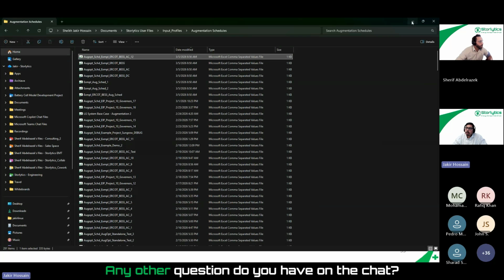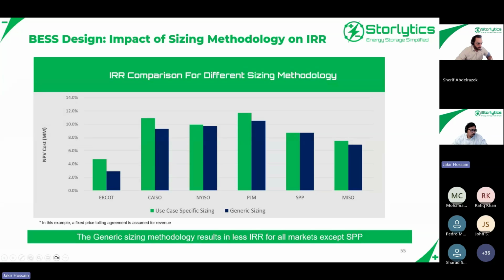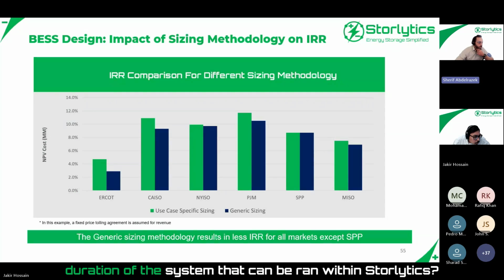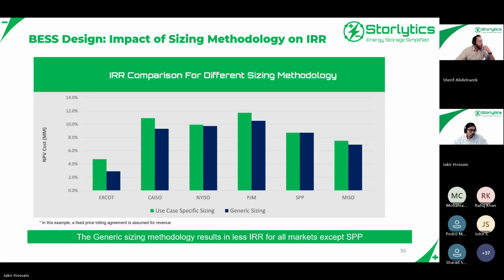Any other question do you have on the chat? Let me check here. There was a question about, is there any limitation on the duration of the system that can be run within Storlytics? No, we don't have any limitation.